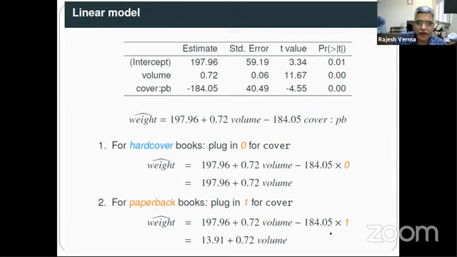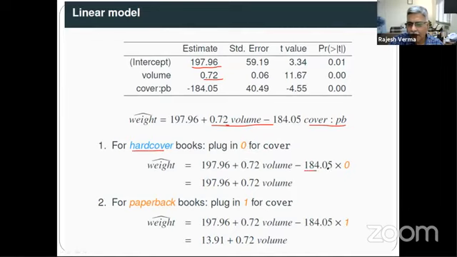Now, if we further elaborate on this, we can have an equation for the weight like this. Weight will be equal to the intercept 197.96 plus 0.72 multiplied by volume and minus 184.05 if cover is PB, that is paperback. For hardcover, for cover you will put 0.